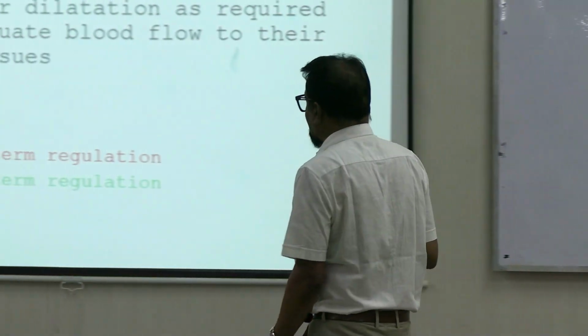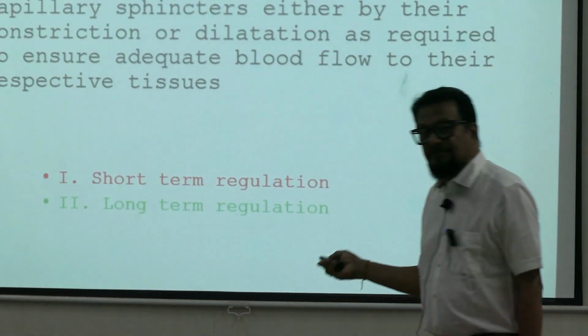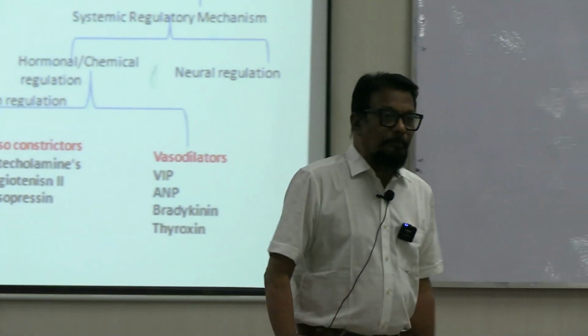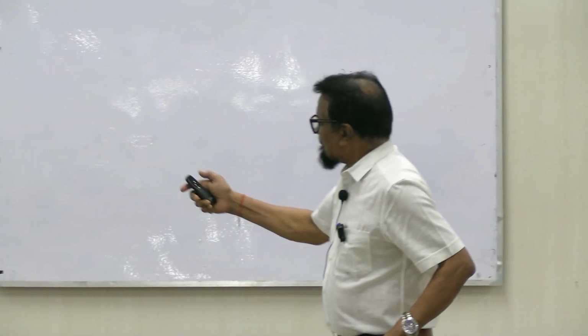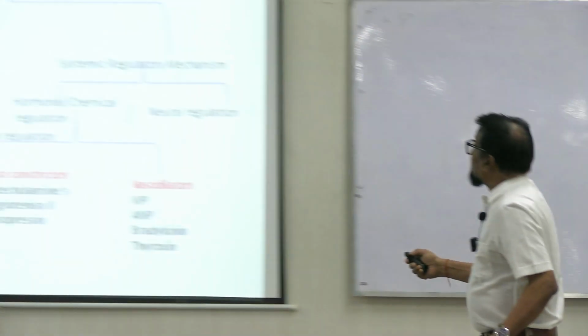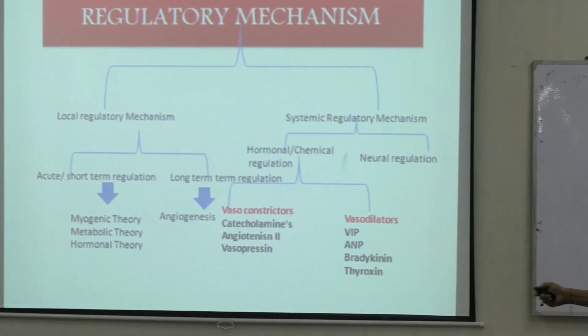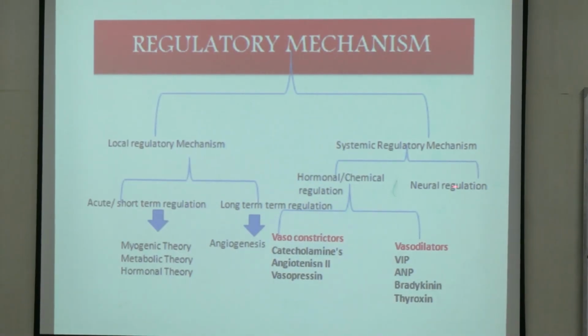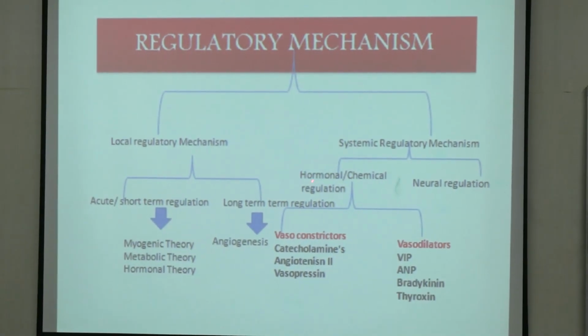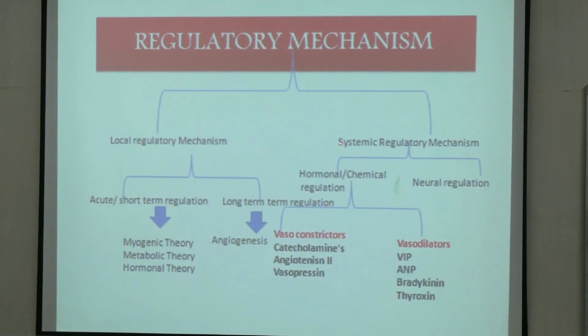Next, now let us discuss about short-term regulations. So see, what is this regulatory mechanism? So one is local mechanism, another is systemic mechanism. Systemic mechanism is done by neural regulation and by hormonal or chemical regulation.